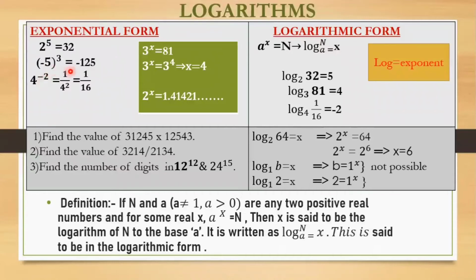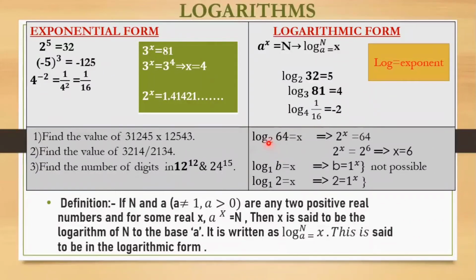The bases a and n should not be negative numbers; they should be positive real numbers. Then only we can write into logarithmic forms. So all exponential forms cannot be written into logarithmic forms, but all logarithmic forms can be written as exponential forms.